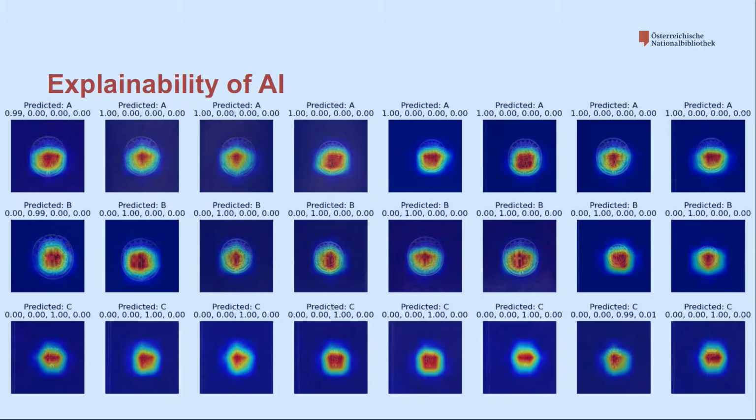And that's visualized as a heat map. So red parts in the image is what contributes to the prediction. And we're happy to see that where it's red, that's where the coat of arms is. So that means the algorithm took the pixels that were part of this coat of arms and then said, yes, this is from Prince Eugene. So that's as good as it should be.